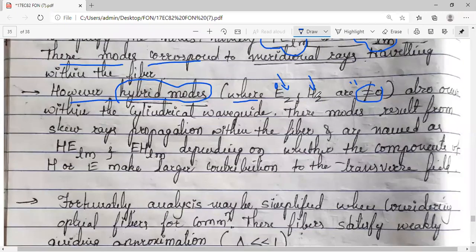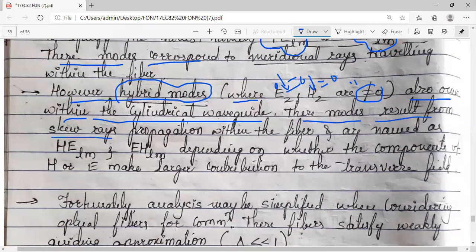In case of hybrid mode, these two fields along the z direction are not zero, so they also have to be considered within the cylindrical waveguide. In planar waveguide we didn't consider them, they were equal to 0, so only one dimension was sufficient. But here two dimensions are required because they are non-zero. So these modes result from the skew rays.